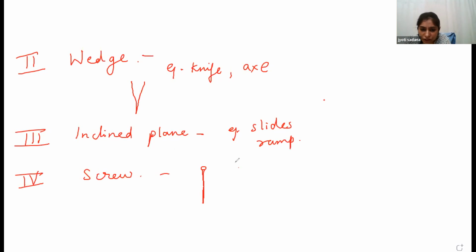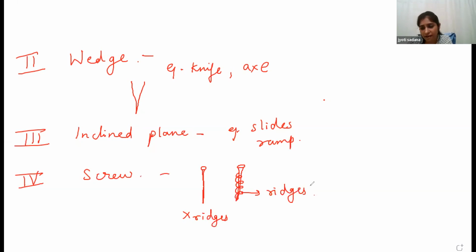See, the screw also looks similar to the nail. But in the screw, there are circular ridges around it. Can you see that? Here, there are no ridges, but in a screw, there are ridges. Now, what is the purpose of the ridges?